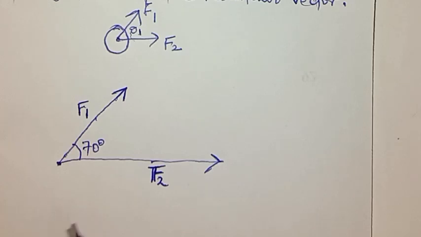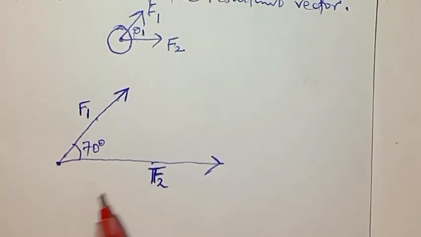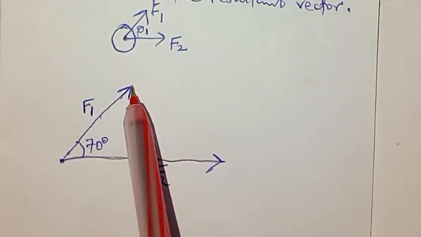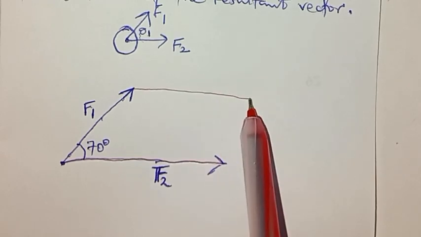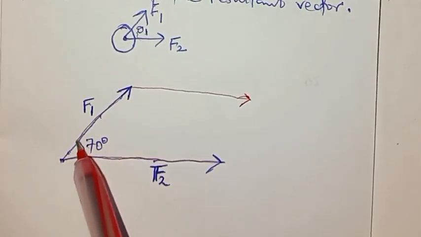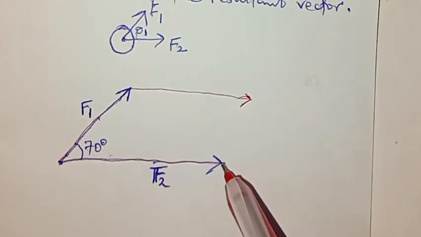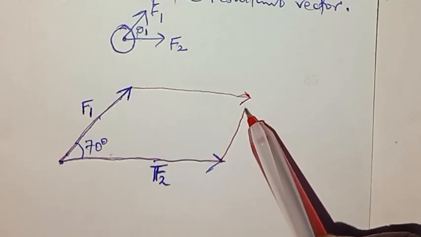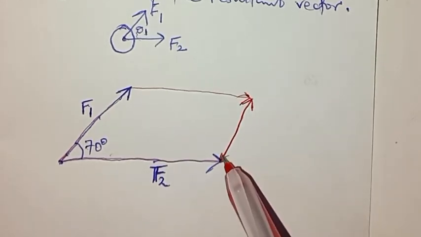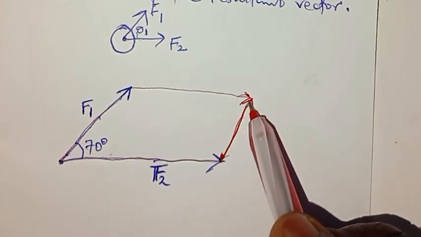In this case, we will now transfer this length to the opposite side here. Again, this length for F1, we transfer it to the opposite side here. Here there is no arrow, our arrow is here.